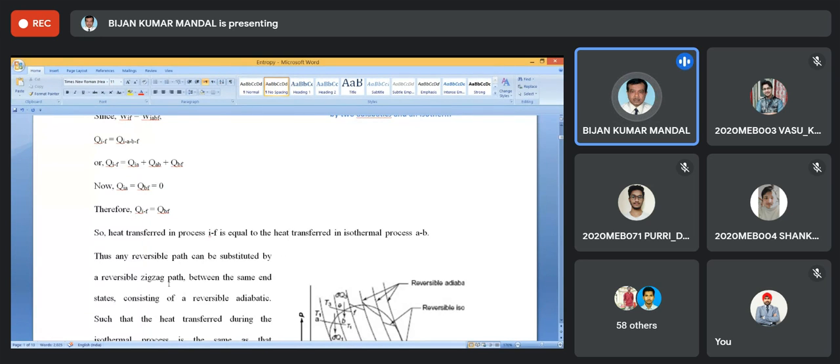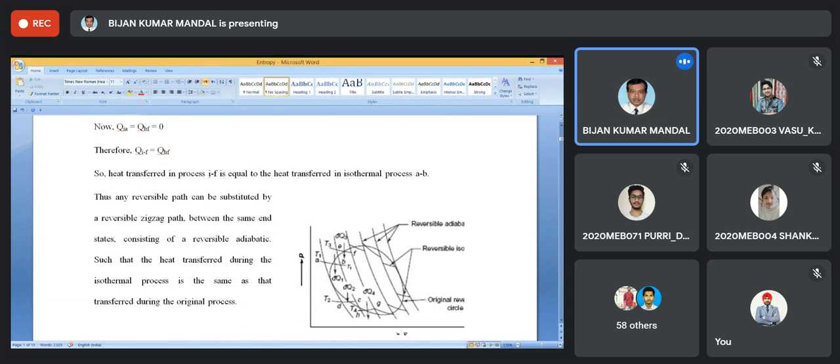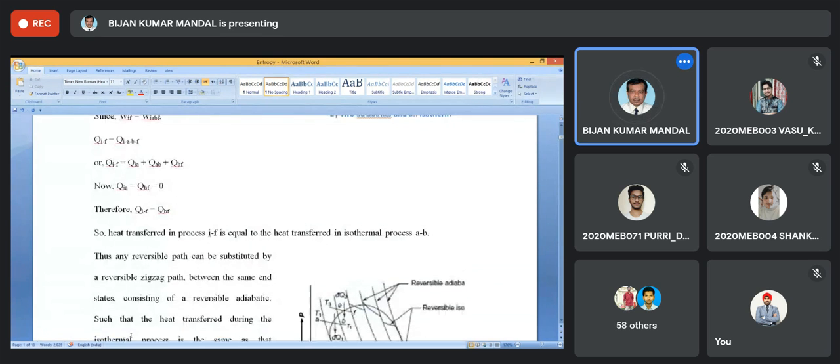Here the path is zigzag, that is IA, AB, and BF, between the same end states, the initial and final points being the same, consisting of two reversible adiabatics and an isothermal process, such that the heat transfer during the isothermal process is the same as the heat transfer during the original process.